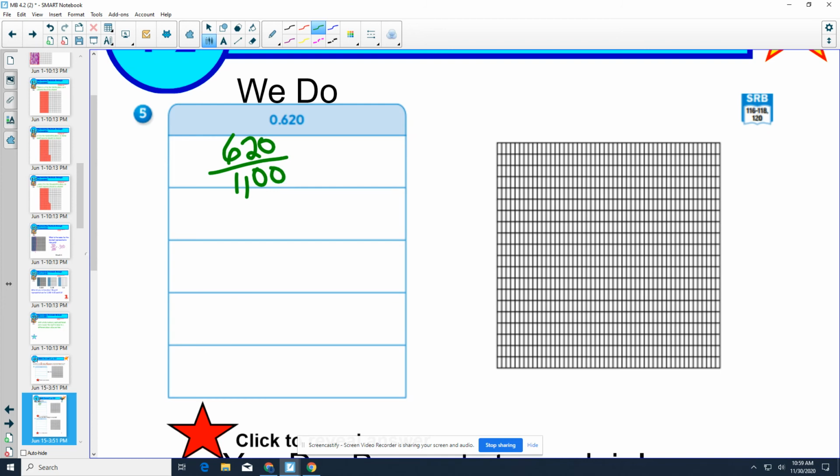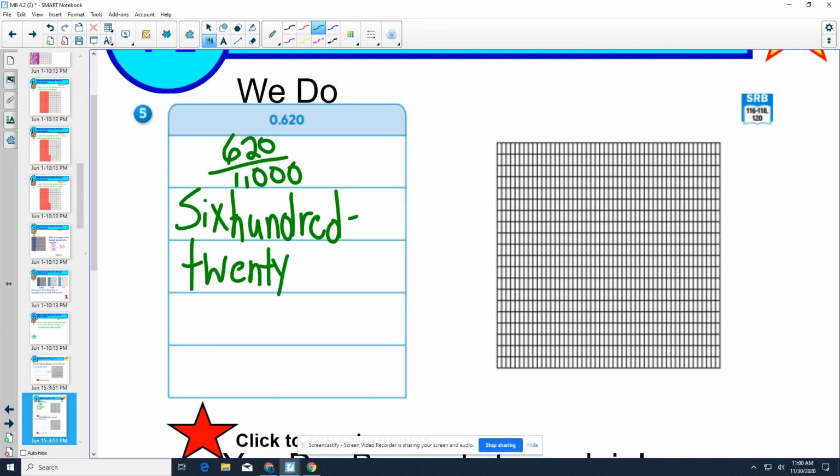The other thing I notice on this one is that it's out of the thousandths already, and I have a thousandths grid, so that's helpful, I think. So I could say 620 thousandths.